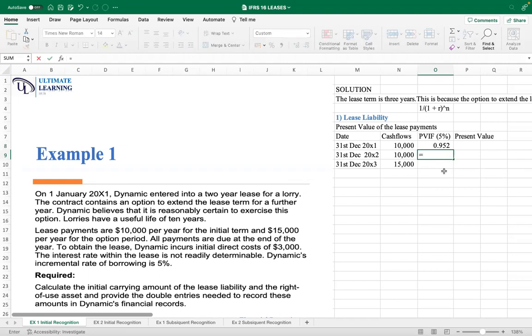In year 2, we repeat the same. 1 divided by, into bracket, 1 plus 0.05 raised to power 2. So that gives you 0.907. The discounting factor in year 3 is 1 divided by 1 plus 0.05, close the bracket, raised to power 3. So that gives you 0.864.